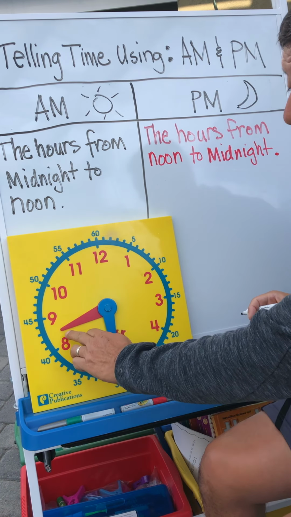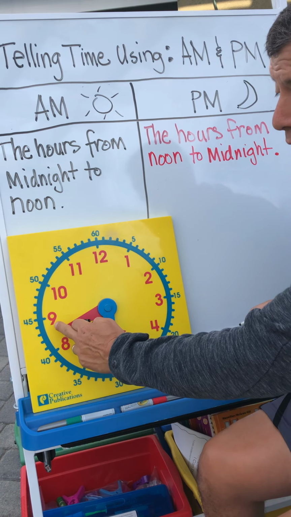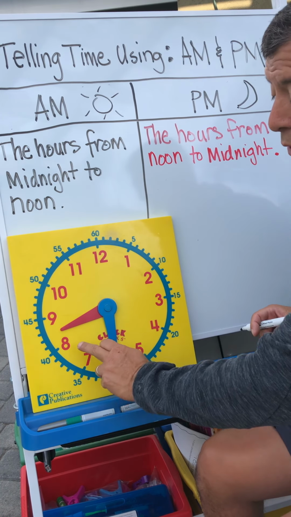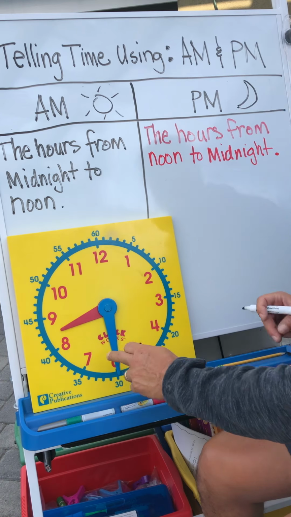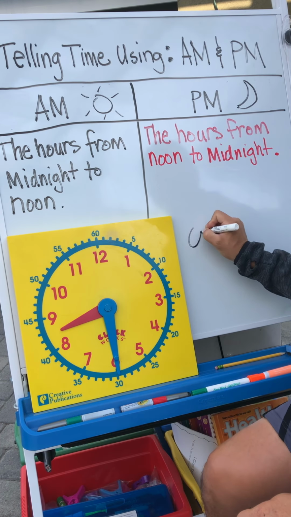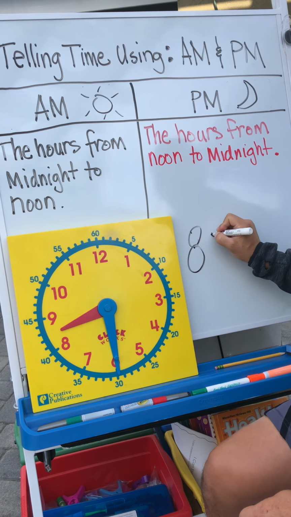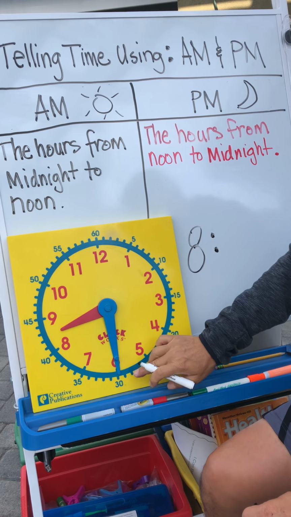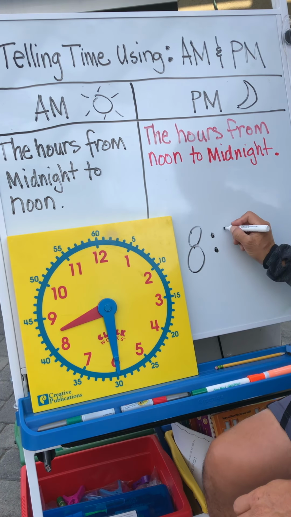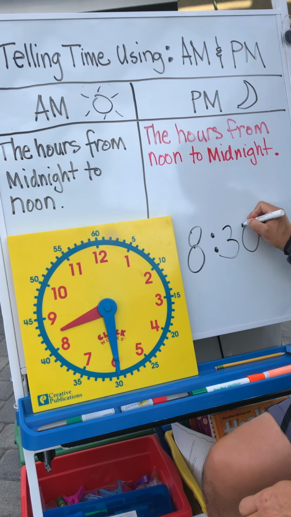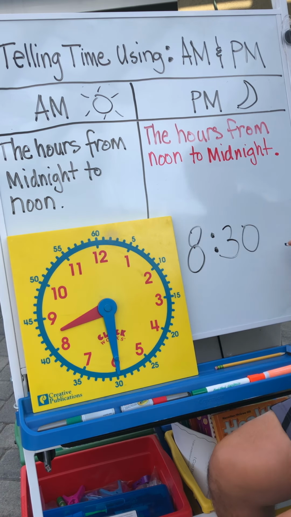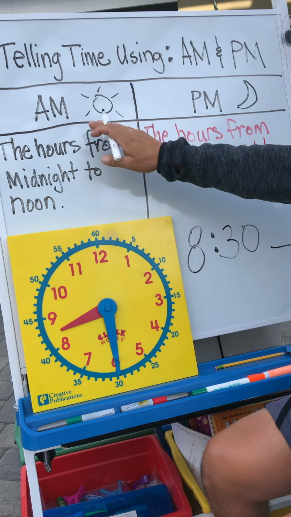Remember, when we read the hour hand, we look at the 9 and the 8, and we always read the smaller number. So the smaller number is 8. So the time is 8. And then we read the minute hand, and the minute hand is pointing to the 30. So it's 8:30.